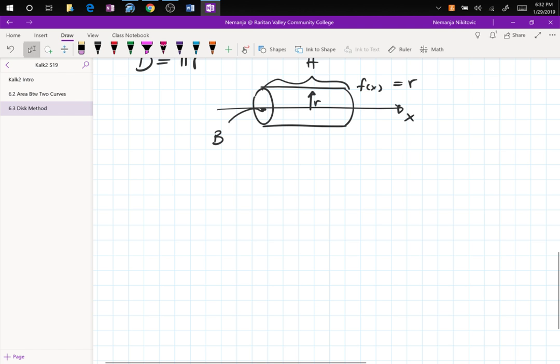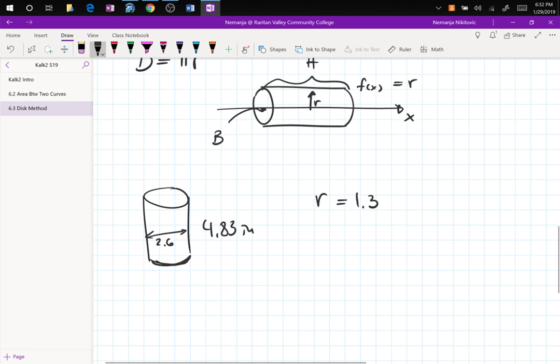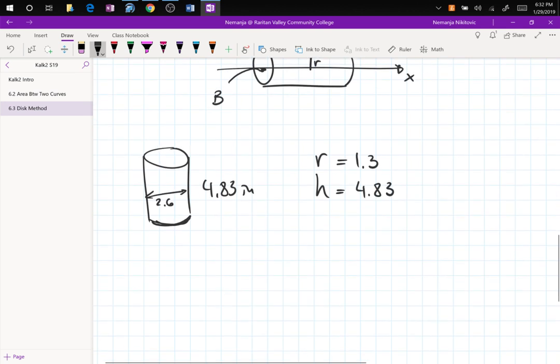It is 4.83 inches high. So when I look at the can, it is 4.83 inches high, and the diameter at the lid is 2.6, across like this. Great. That gives me the radius of 1.3, and the height of the can of 4.83.